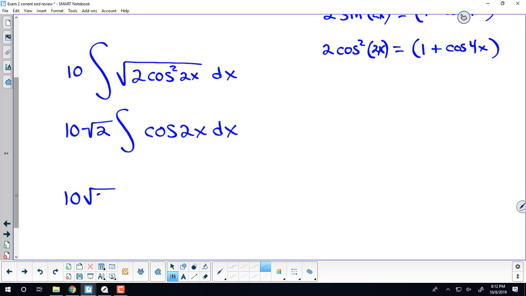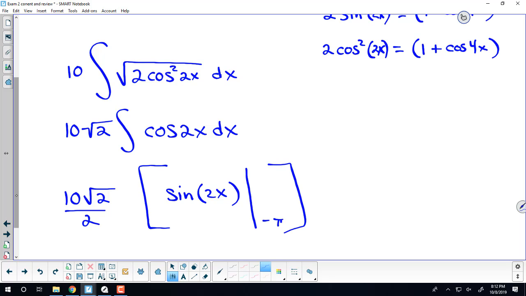So it's 10 root 2 sine of 2x over 2, and we're evaluating that from here to here. Okay, so I just got a little disjointed here, but the main issue was the antiderivative.